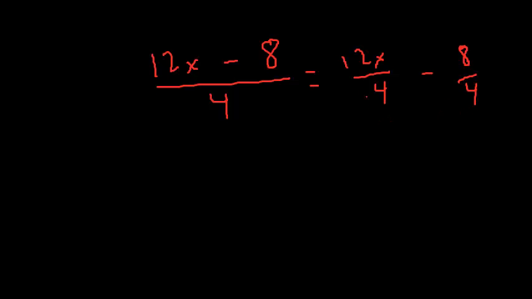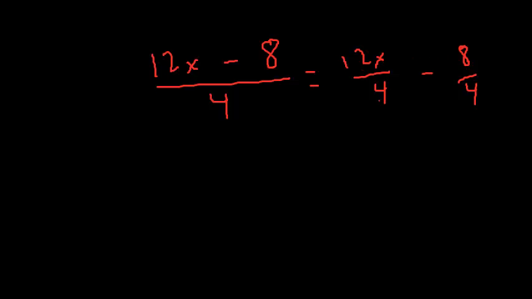What we see here is if these were our original fractions, they have a common denominator, which means I add their numerators. 12x minus 8 is my new numerator, and I keep the same denominator of 4. I can split up this fraction into two fractions by separating it by each individual term that was in the original numerator.